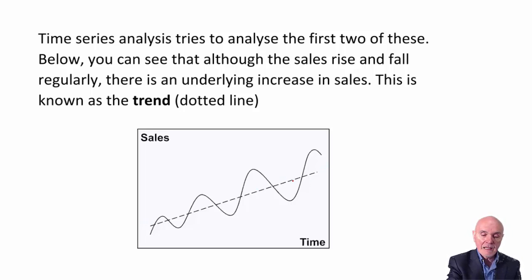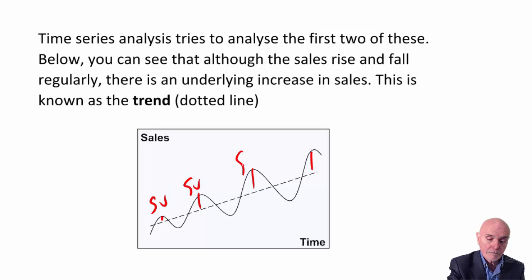The underlying increase, or indeed it could be a decrease, but here it's an increase in sales or costs or whatever. And then superimposed on that we have this fairly regular seasonal variation. So again, if it's sales of clothes, each of these high points here can maybe be summer. And maybe each of the low points here are winter.